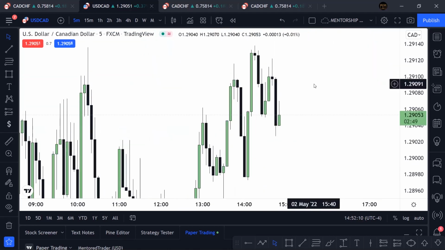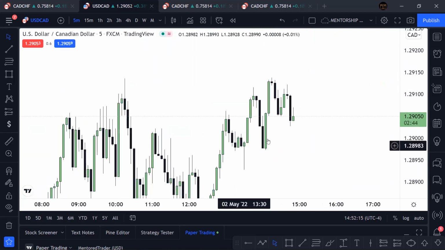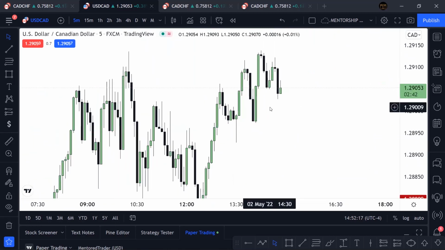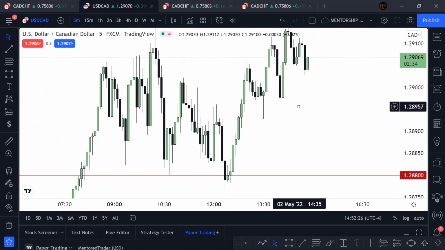A breaker is the last candle. It can either be the last sell before buy or the last buy before sell.